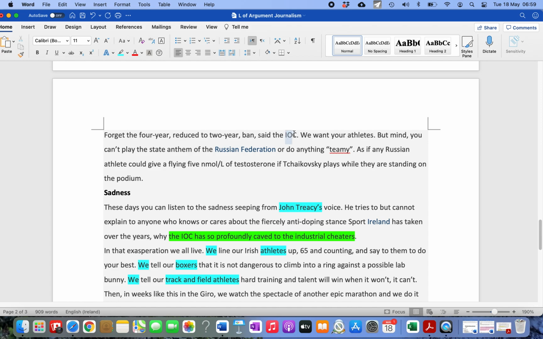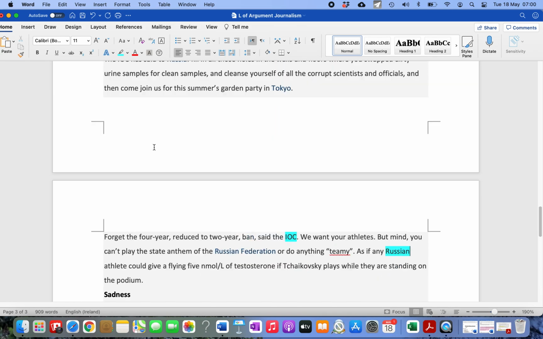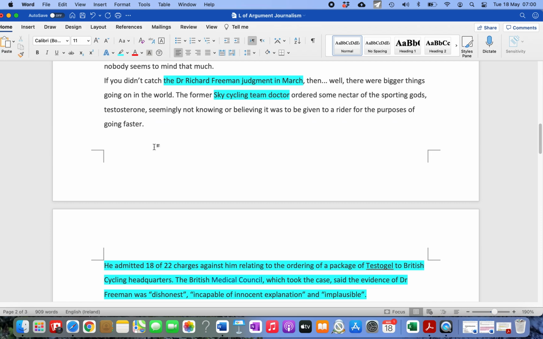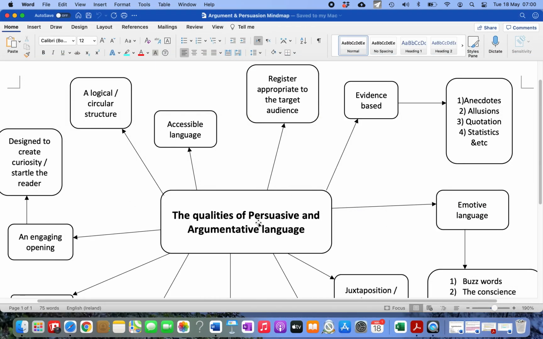He goes on to refer to the behaviour of the International Olympic Committee and their treatment of Russia. Okay? So this is a very strong article because it is evidence-based. He's done his research, he knows his stuff. He's able to support the point he's making with evidence.